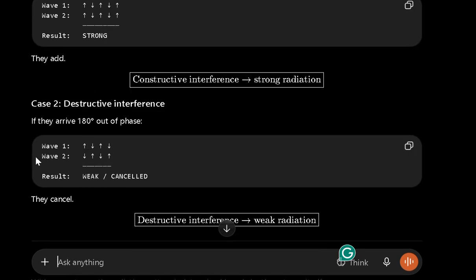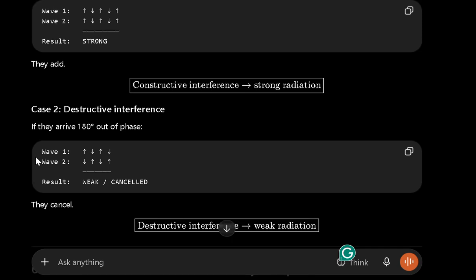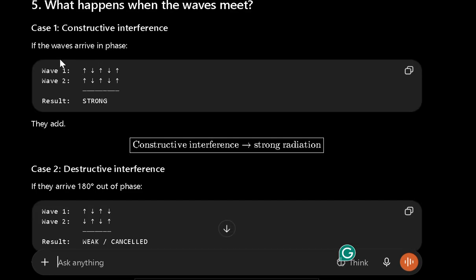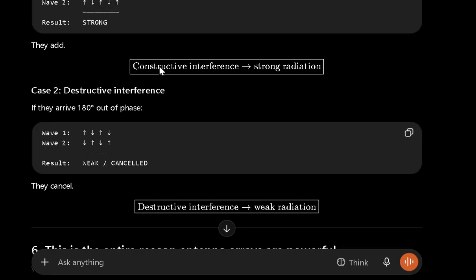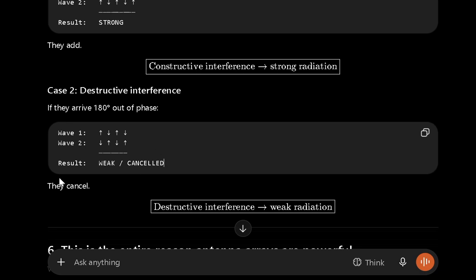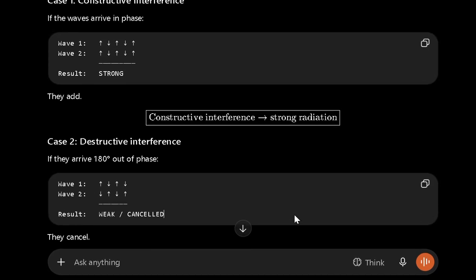Destructive interference: if they are around 180 degrees out of phase, where wave 1 is in phase here and wave 2 has a 180 degree phase difference, they cancel each other, resulting in weak radiation.